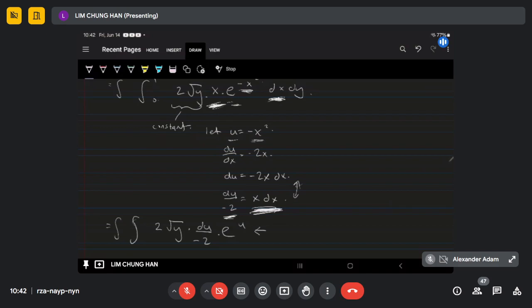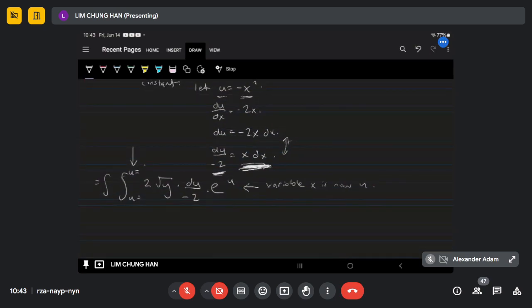Now, because I changed all the variables, the variable x is now changed to u. My limits for x also have to change to u. It cannot stay as x. So you have to convert now. Originally the limits are 1 and 0, correct?